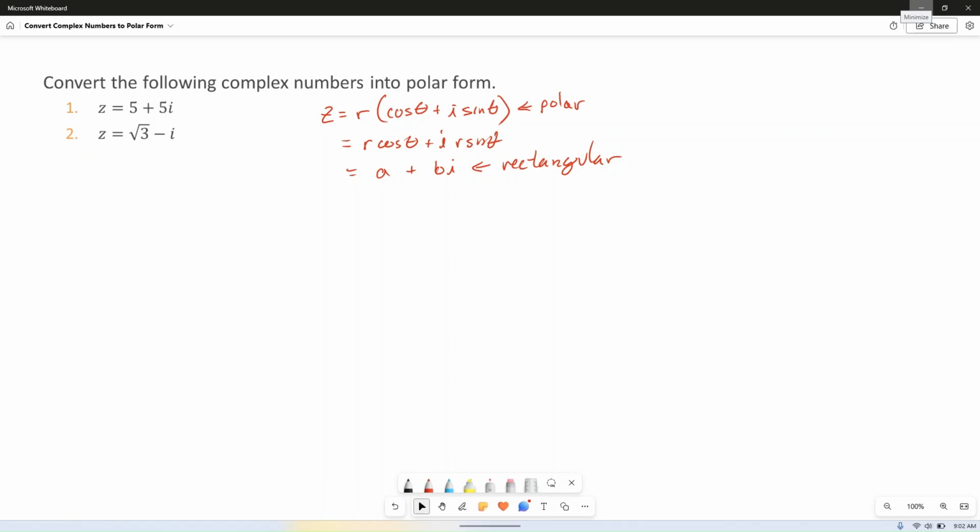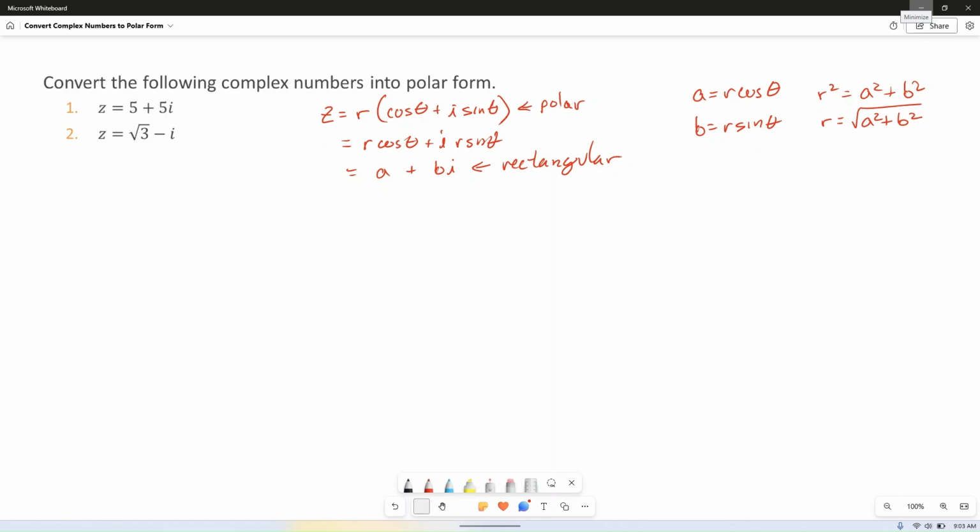So that means that when we do our conversions, a has to be r cosine of theta, which on our complex number plane, the a is the real number, and that's the horizontal axis, which corresponds to x. b is the vertical axis, so that's going to be r sine theta, just like x and y. r squared is going to be a squared plus b squared, which really means r is just going to be the square root of a squared plus b squared.